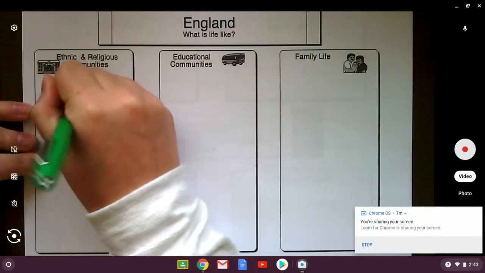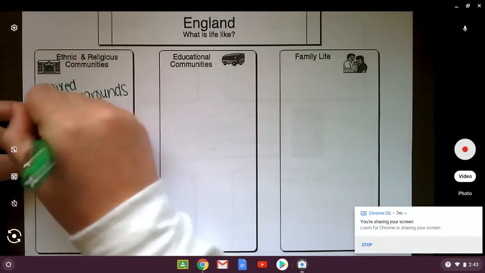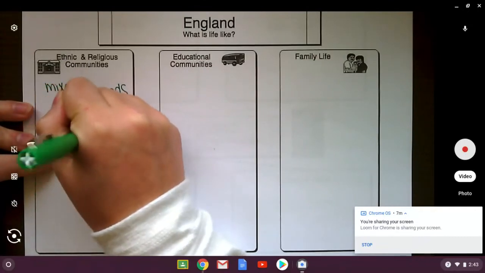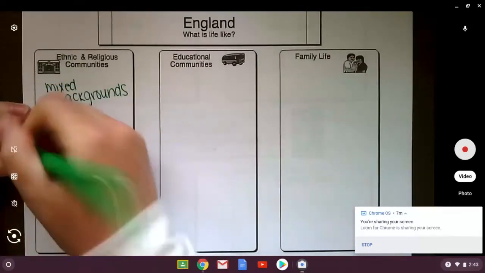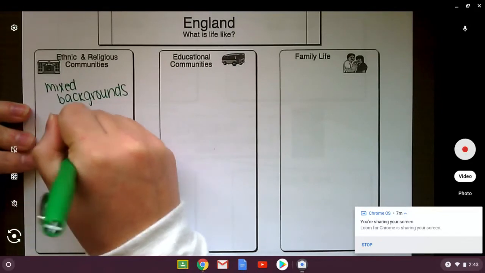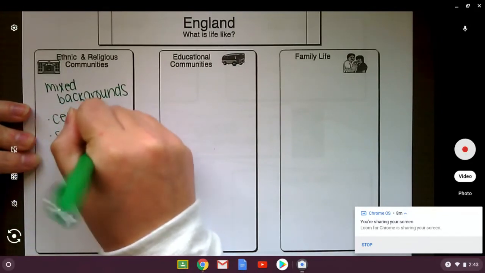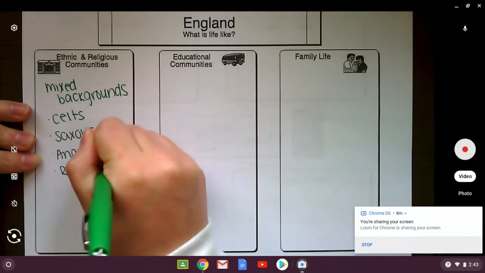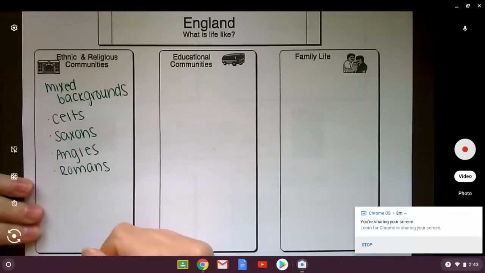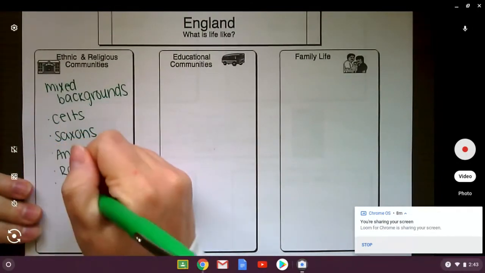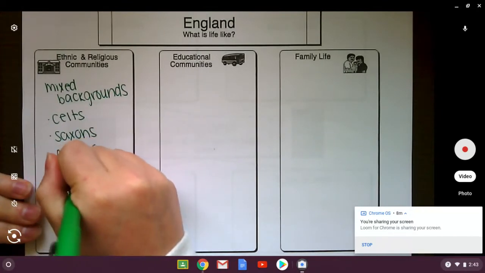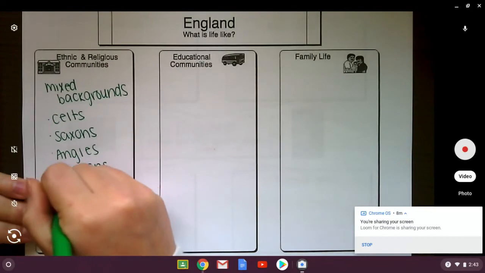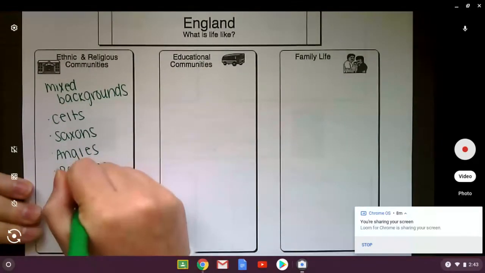So there were the Celts, the Saxons, the Angles, there were Romans, there were the Normans, and there were also the Vikings. Okay.